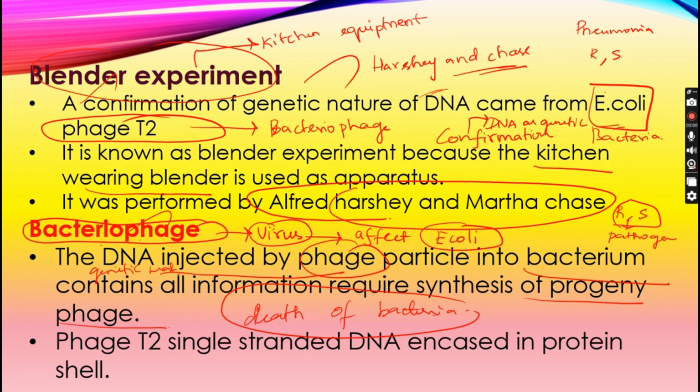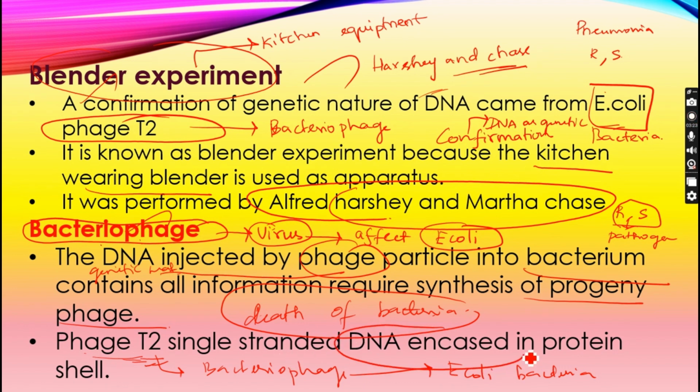Here we are going to use the T2 phage, which is a virus. T2 bacteriophage is used against the E. coli bacteria. A bacteriophage is encased with its genetic material, that is DNA, and protein is a shell behind it.